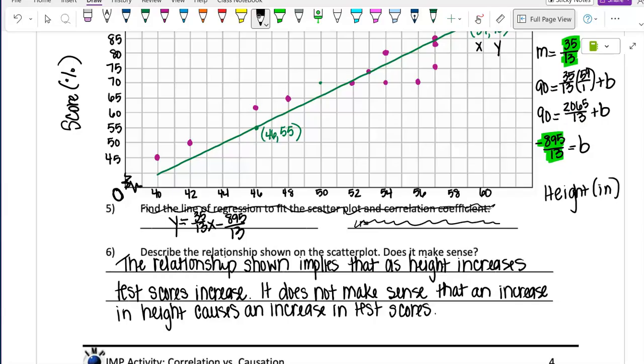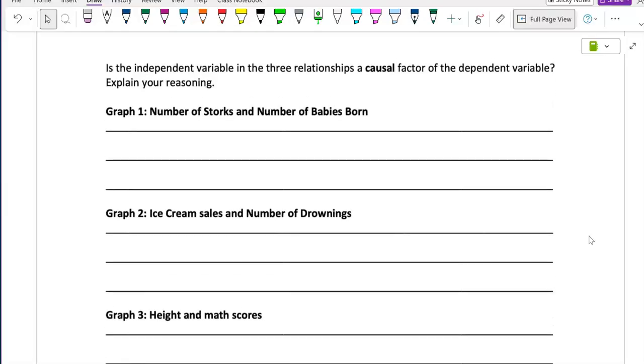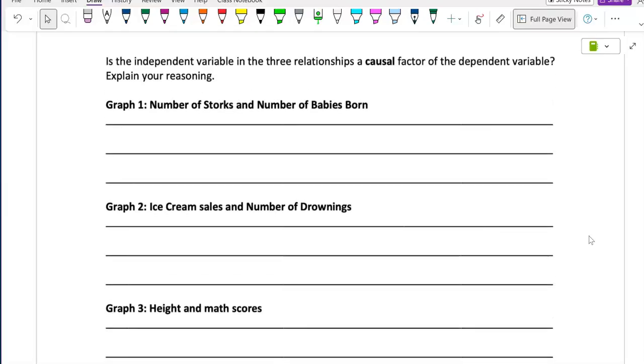All right, so on the next page, it asks us, is the independent variable in the three relationships a causal factor of the dependent variable? Explain your reasoning.